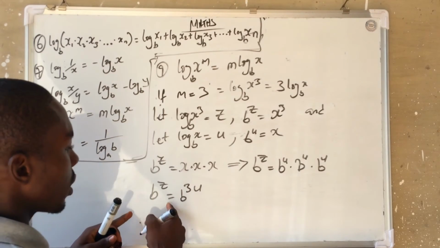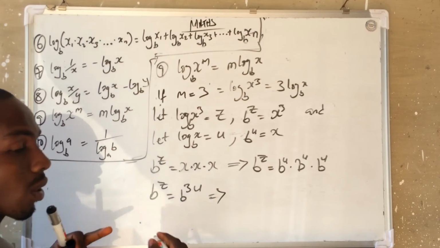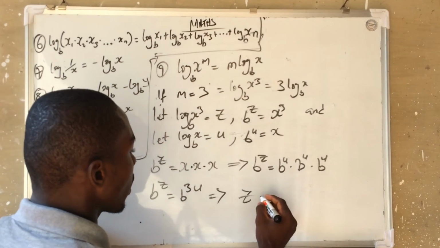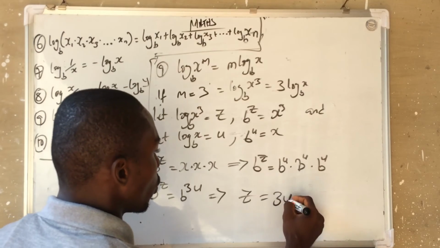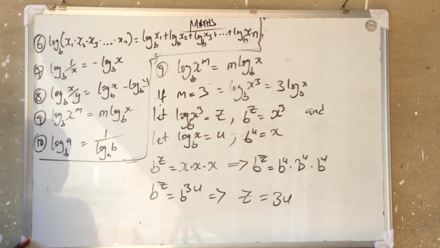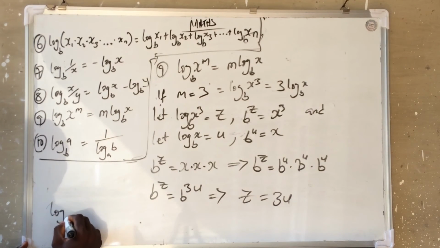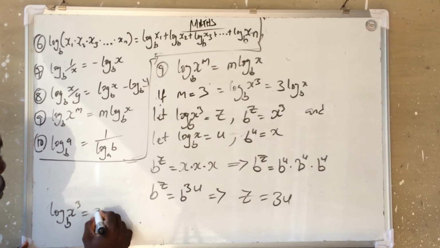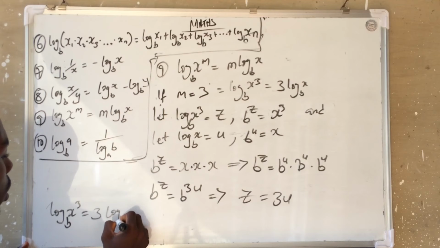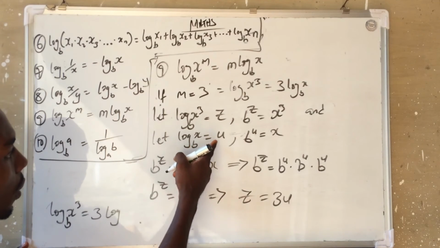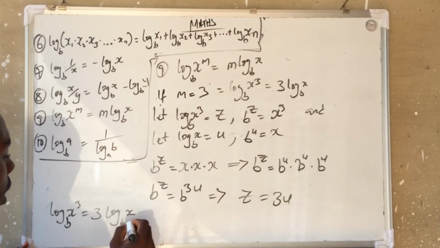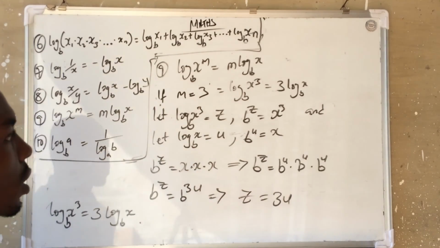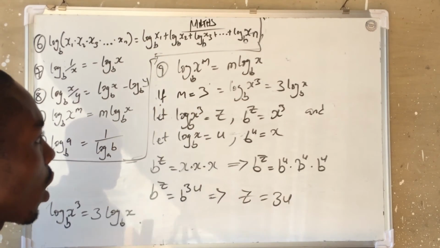Since they have the same base, you can equate the powers to finish it off. So we now have that z is equal to 3u. Our z is log to the base b of x to the power 3, and our u is log base b of x. So when m is equal to 3, it also satisfies the condition.